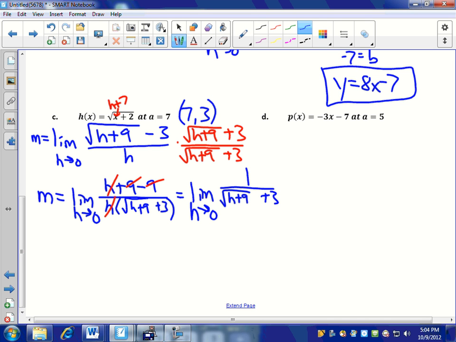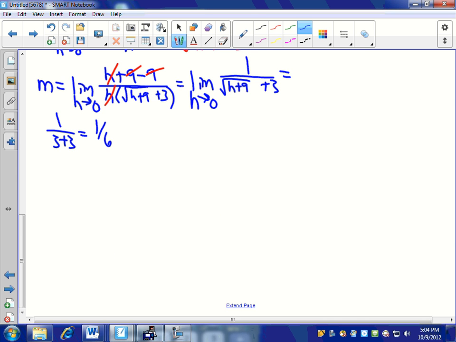Now I can plug in 0. 0 plus 9 is 9. Square root of that is 3. So I get 1 over 3 plus 3, which is 1 over 6. So my point on my line was (7, 3). So y equals mx plus b.